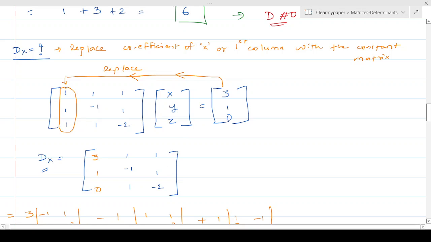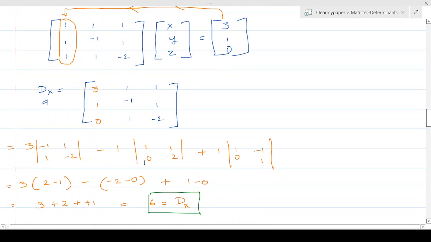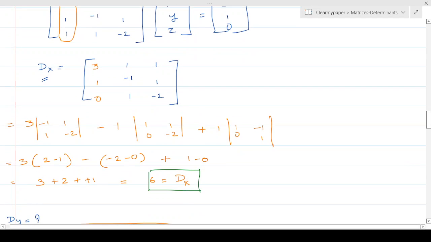So the x elements, the first column, is gone, and I've got a new column 3 1 0, and that gives me a new matrix. I'm going to find the determinant of this newly formed matrix where there are no x variables, but the determinant will help me in finding the value of x, which we have seen in the previous videos, to give you an intuition.